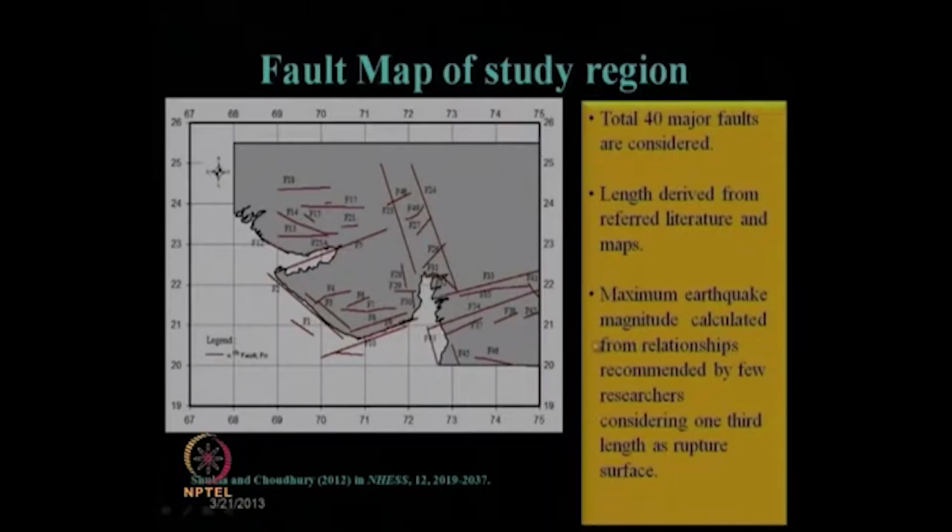Now, the maximum earthquake magnitude is calculated from relationships recommended by previous researchers, considering that 1/3 of the length of the rupture surface needs to be taken when we are doing the calculation. That means, suppose for F24 this is the actual length, 1/3 of its length will actually be taken when we are doing the hazard calculation.